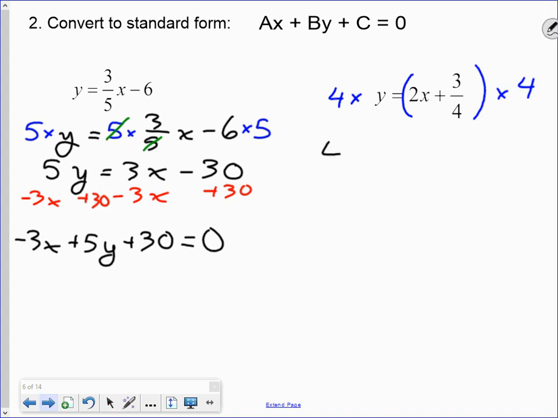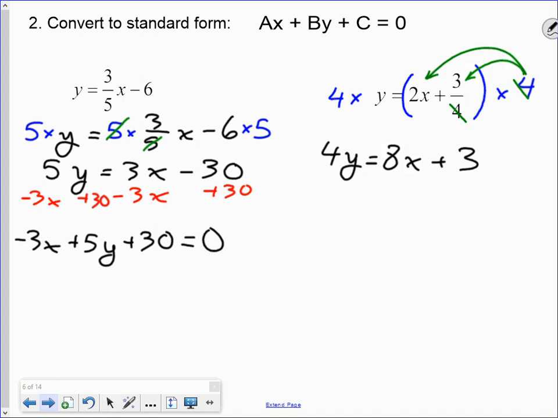So I'll have 4y here. If I multiply the 4 by the 2x, I will get 8x. If I multiply the 4 by the 3 over 4, that 4 and that 4 will cancel, and I'll just be left with the 3.